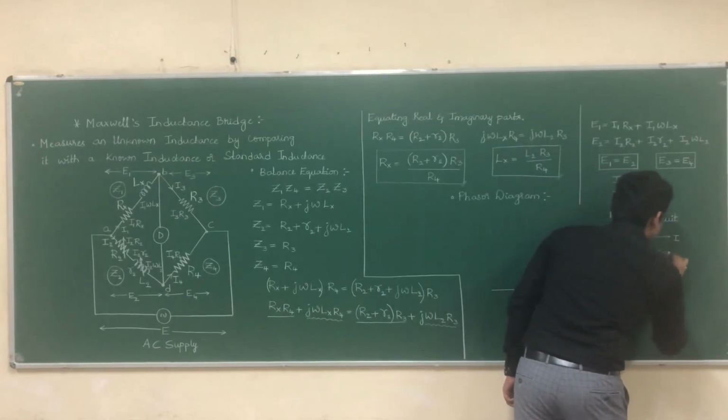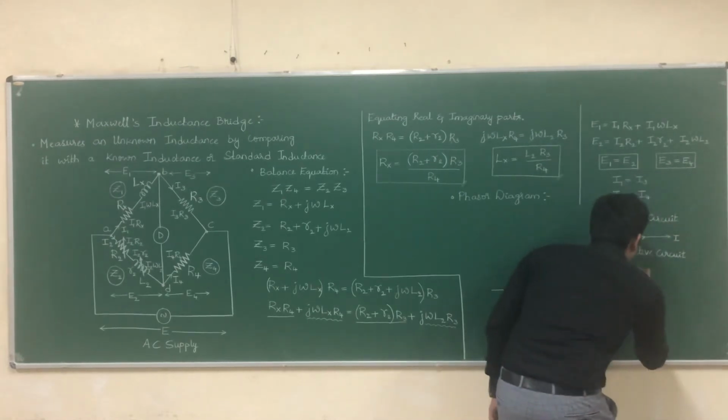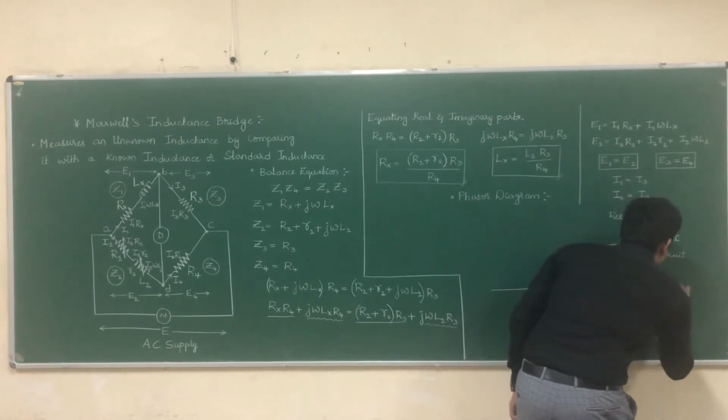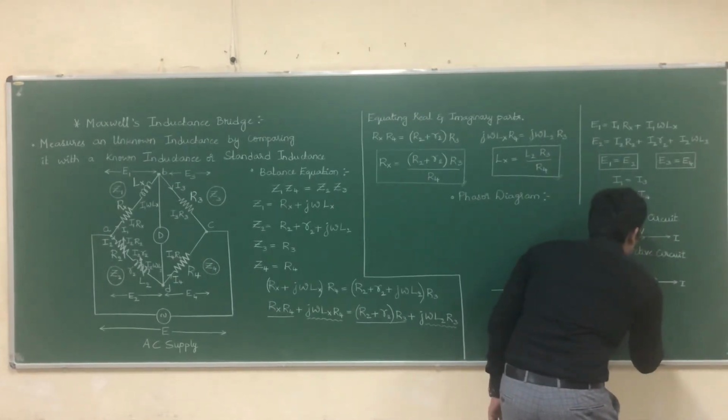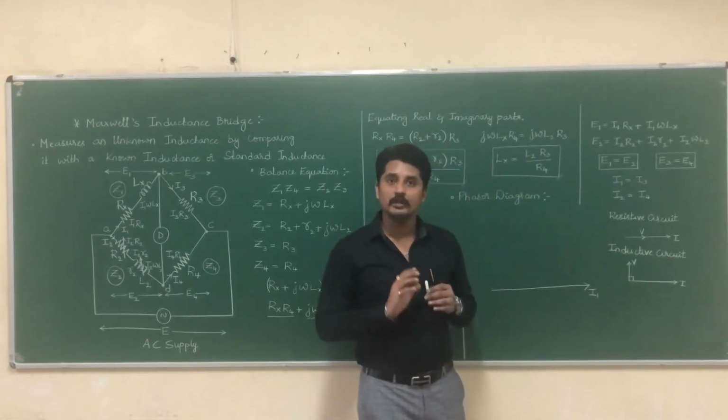If the circuit is inductive, then voltage leads current by an angle of 90 degree.